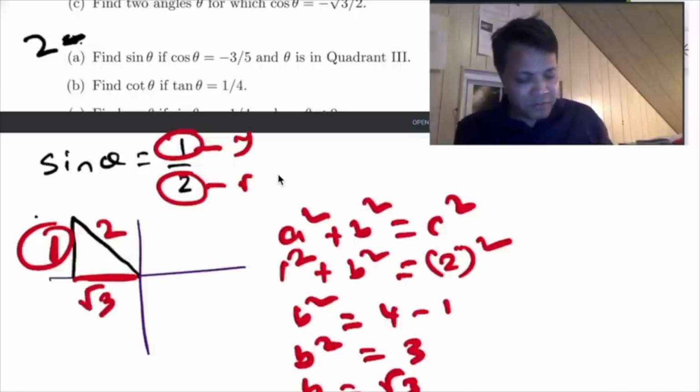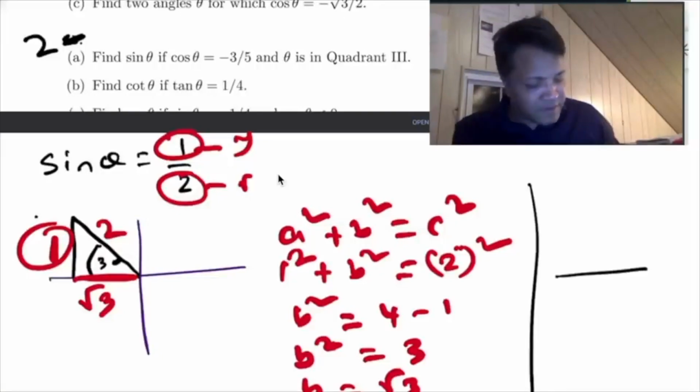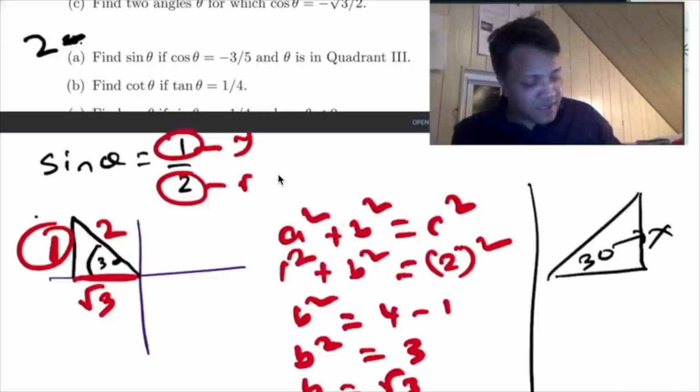Alright, so what do we know about this one then? We know this is 30 degrees. How do we know this is 30 degrees? Because, pretty simple, 30-60-90. If this is 30, opposite to the 30 is x, opposite to the 60 is x root 3, and opposite to the 90 is 2x.